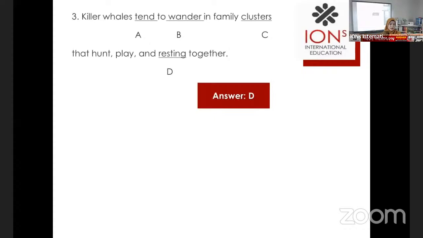Right, so here, all right, number 3. Number 3, what do you think? Okay, number 3, killer whales tend to wander in family clusters that hunt, play, and resting together. Right, so let's take a look. Mana yang salah?